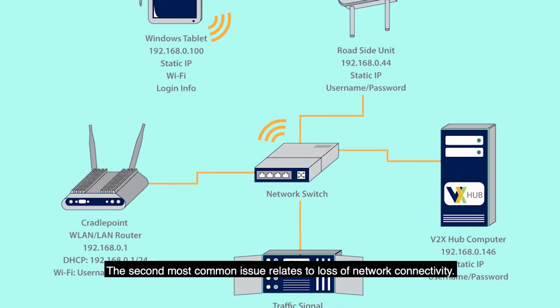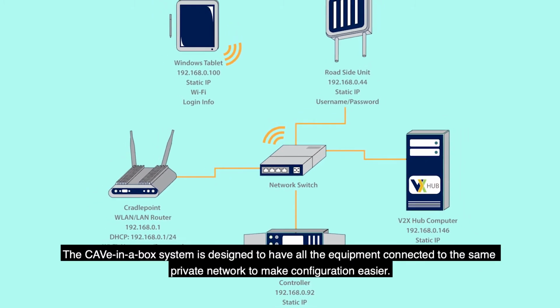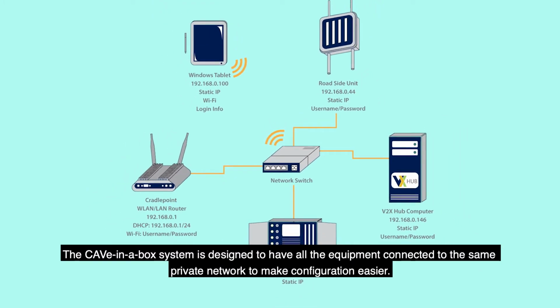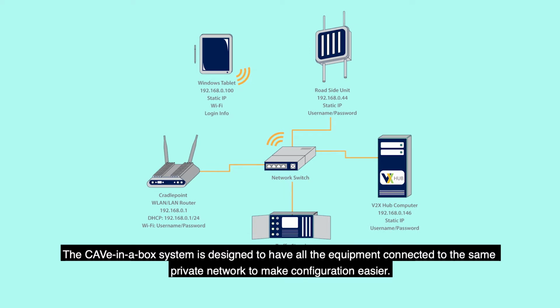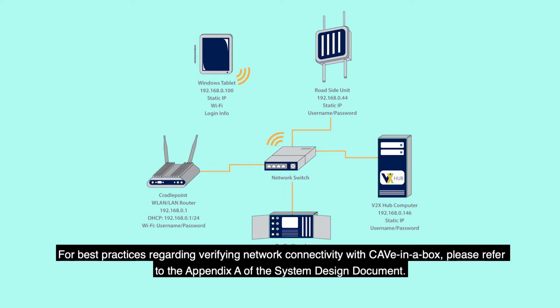The second most common issue relates to loss of network connectivity. The Cave-in-a-Box system is designed to have all of the equipment connected to the same private network to make configuration easier. For best practices regarding verifying network connectivity with Cave-in-a-Box, please refer to the Appendix A of the System Design document.